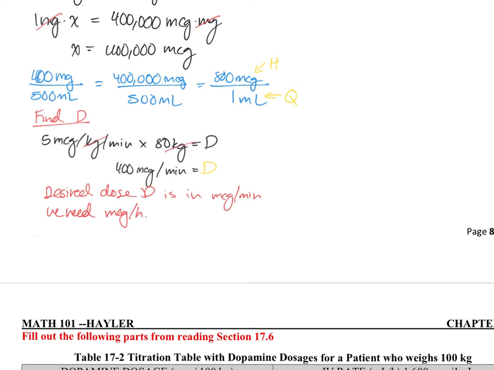Lots of conversion. Okay, so let's see. We have the 400 micrograms per minute. We'll multiply that by the conversion factor of 60 minutes in 1 hour.